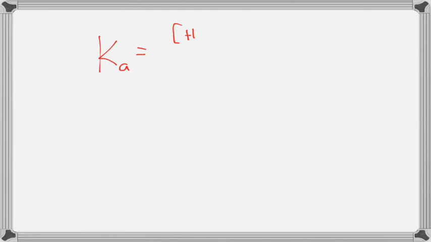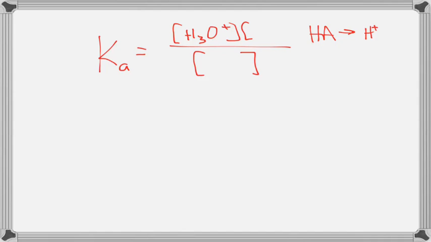So we're looking at a Ka, which was H3O plus times the concentration of what? Careful. What reaction generates an acid dissociation constant? HA goes to H3O plus and our conjugate base. Products over reactants.